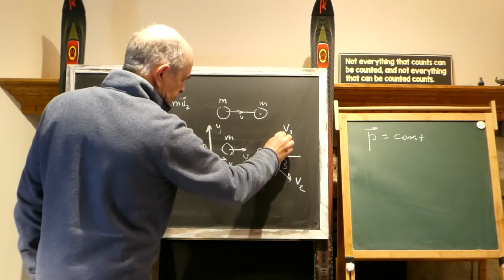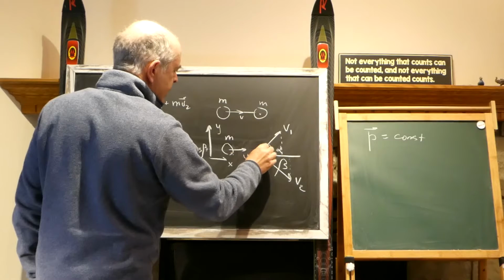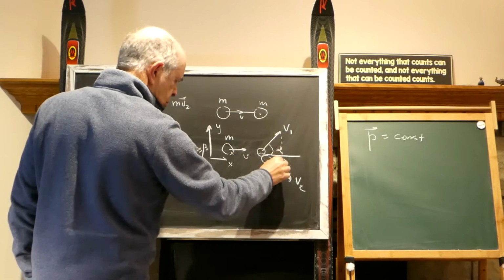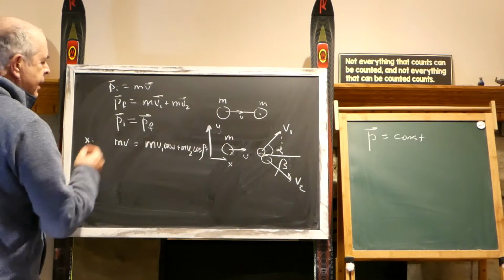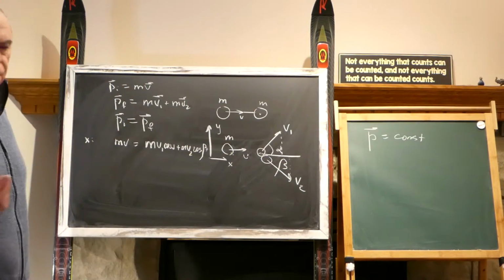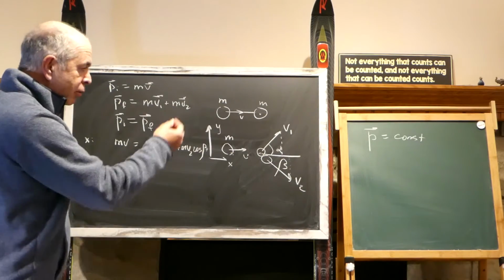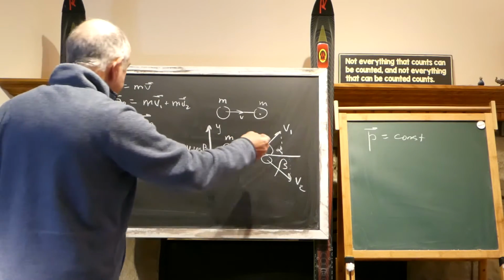Because we have two projections, from this and from this. The projection for this is cosine alpha, the projection from this is cosine beta. They are all in the positive direction, so a plus sign here. And if you have a problem with this, please read the prerequisite playlist about vectors and the prerequisite playlist about trigonometry.